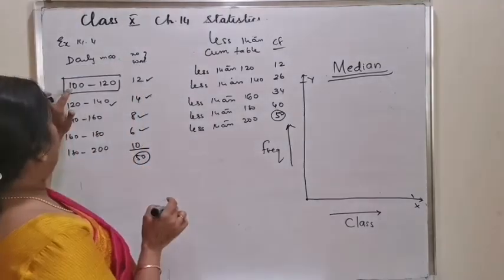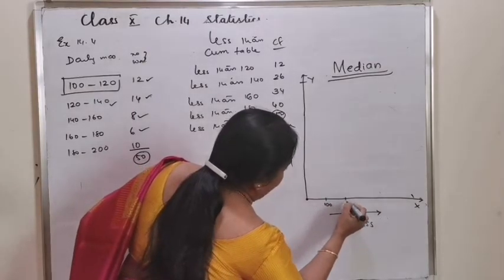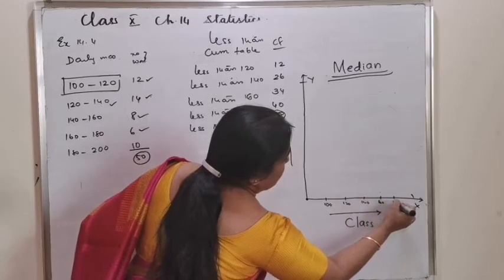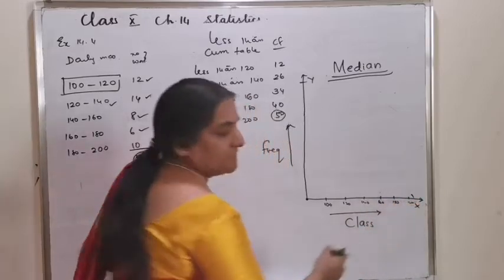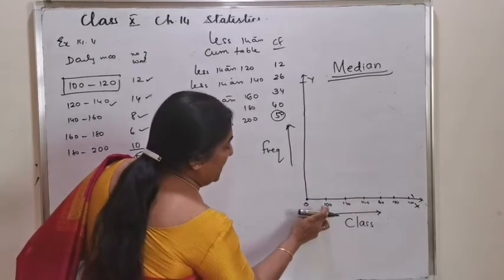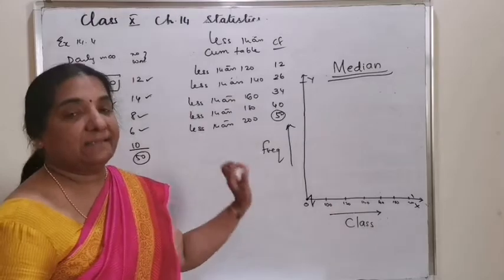It starts from 100, then 120, 140, 160, 180, 200. And always the origin is 0. Here the gap is 0 to 100, which is 20 units, so you can just provide a kink.